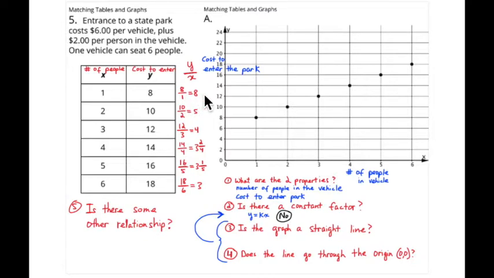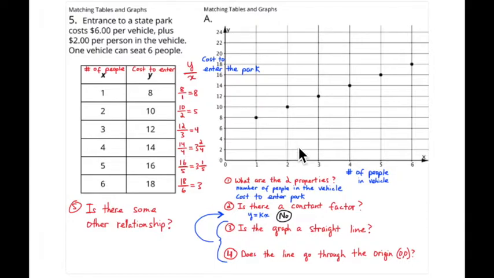So 8 divided by 1 is 8, then 5, 4, 3 and a half, basically 3 and a fifth, and 3. So there's not a constant amount that the X value gets multiplied to get to the Y value. So is there a constant factor or a constant of proportionality? And the answer is no to that.